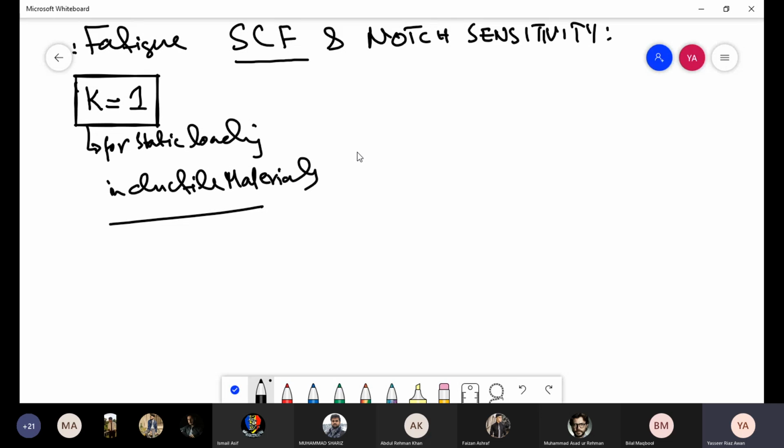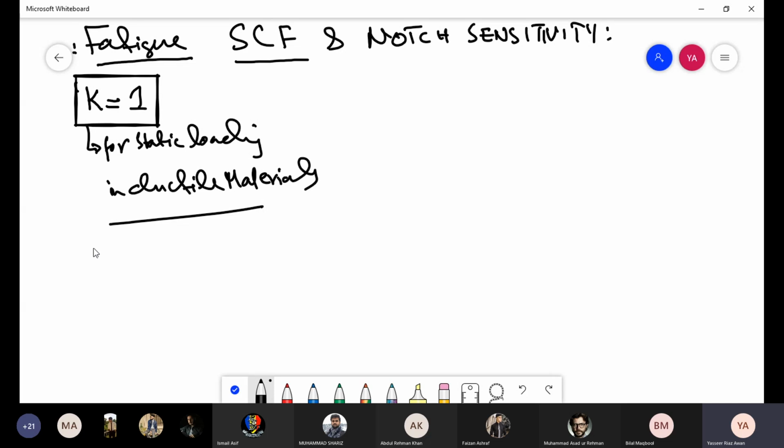But we cannot ignore this stress concentration factor under fatigue loading. We know from the mechanism of fatigue that this mechanism of local yielding that stops crack growth in static loading does not work in fatigue loading, because of the load reversal the crack still continues to grow.